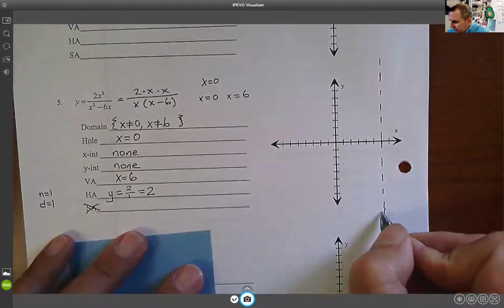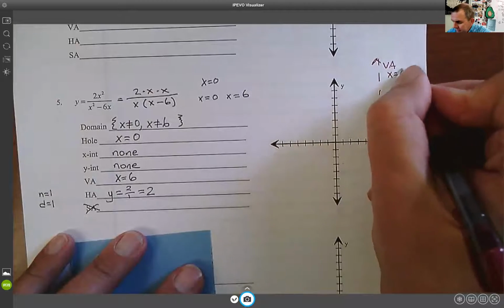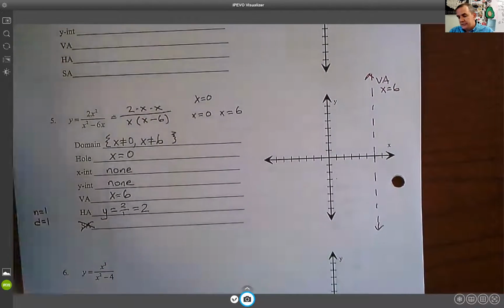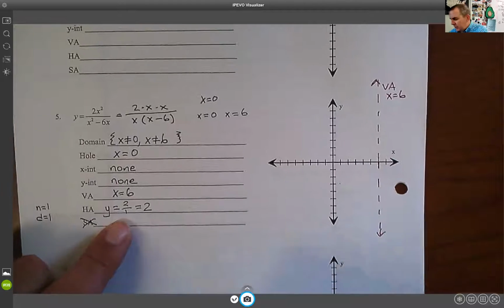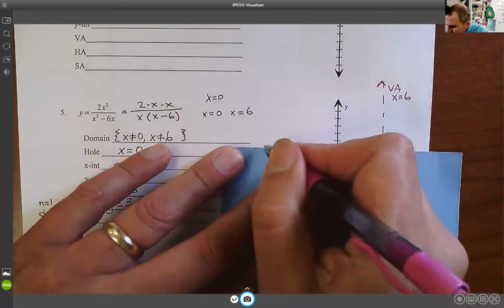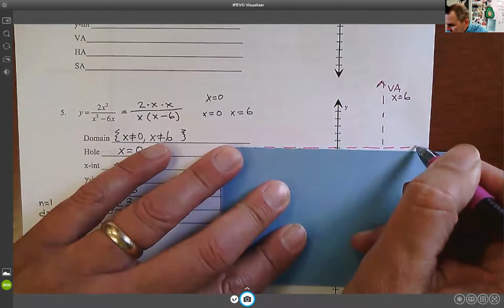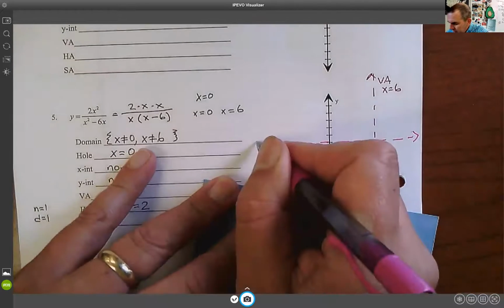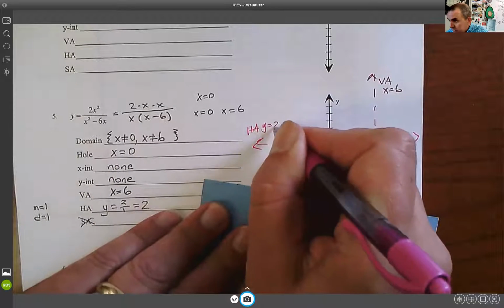This is going to be kind of like a guidepost for me doing the graphing. I'm going to repeat the process for my horizontal asymptote at y equals 2. Horizontal line, left to right. Again, these are guideposts, if you will, to tell me where I'm going to draw the curve.